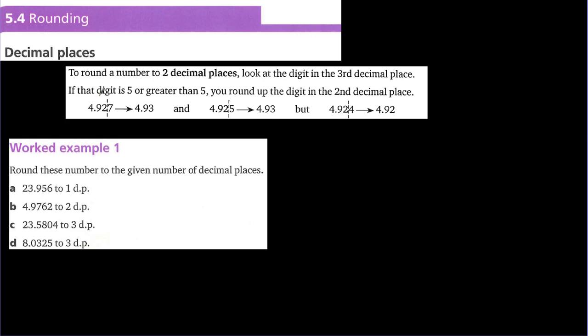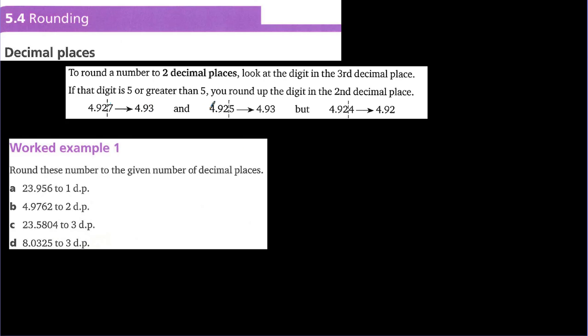the digit in the 2nd decimal place. So this is the 3rd one, and the one in front of it is the 2nd one, so you are going to round this one up. As you see in the example, this number is 7, which is greater than 5. That's why when you are rounding 4.927, the 2 gives 1 up, and this is going to be 4.93.